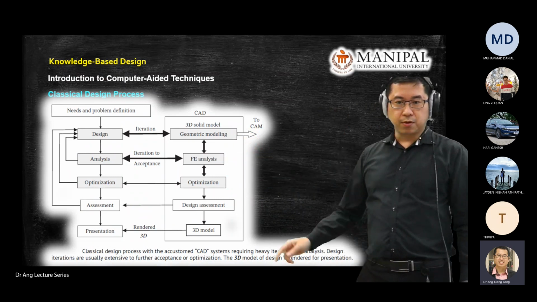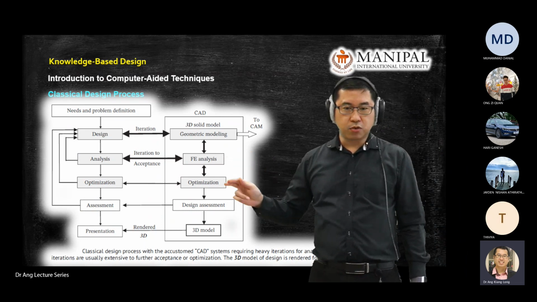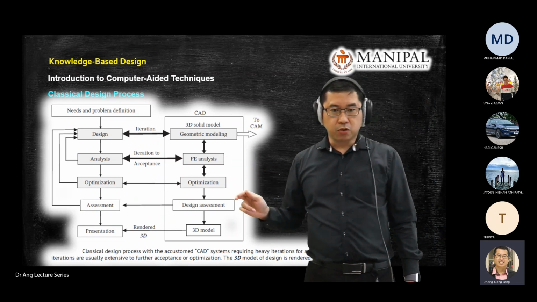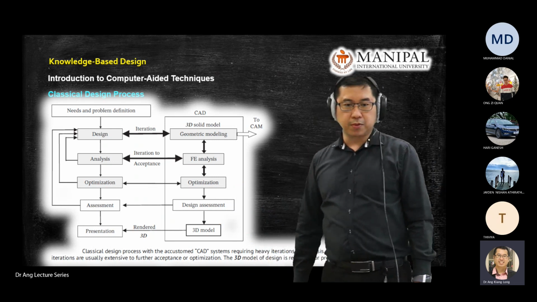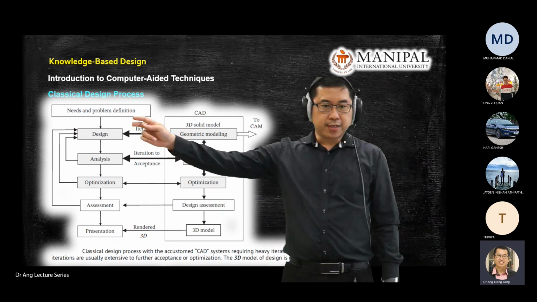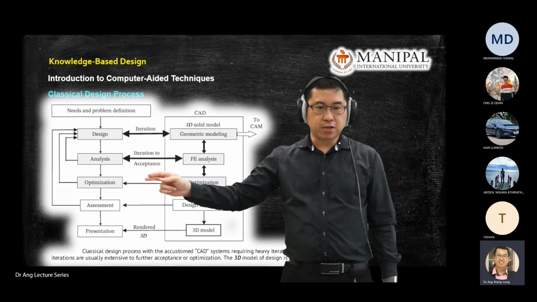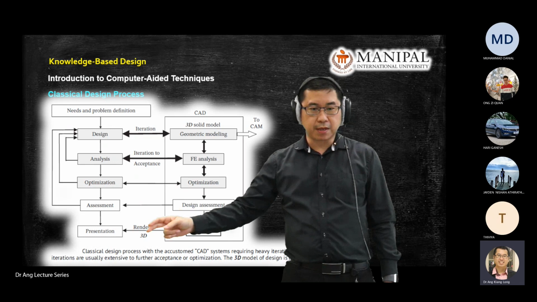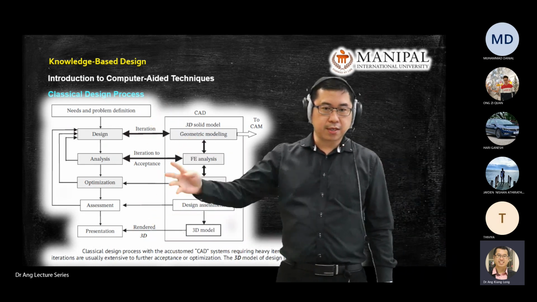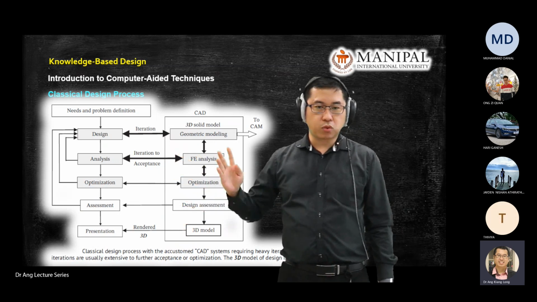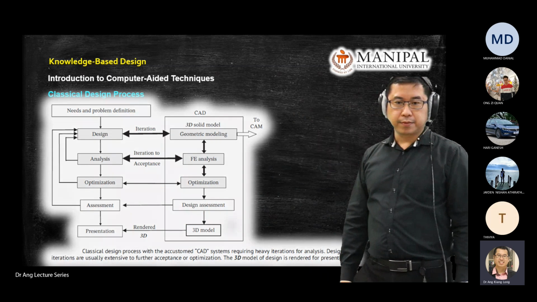Later you need to run finite element analysis and then do optimization, and then design assessment. Then you come up with a final 3D model. Another side is where you start with the design process, do analysis, optimization, assessment, and presentation. So this will be the normal classic design that has two components.